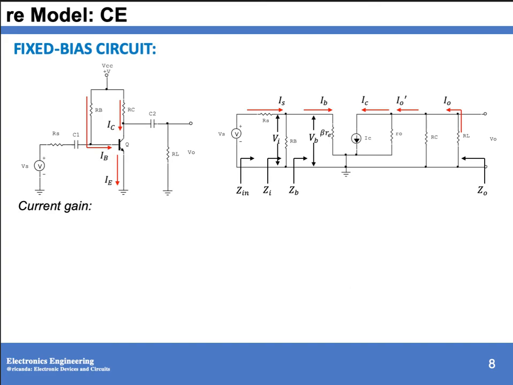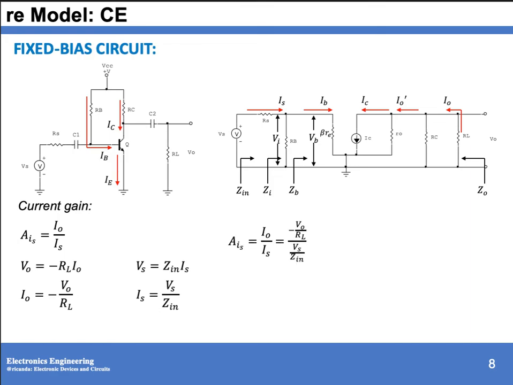Another method in solving for the current gain is using your voltage gain. As we know, your Io can be derived from your Vo, which is equal to negative RL times Io. So therefore Io is equal to negative Vo over RL. And your Is can be found at your Vs. It is impedance Zin times Is. So Is equals Vs over impedance Zin. So for Ai, Io is equivalent to negative Vo over RL, and Is is equivalent to Vs over impedance Zin.